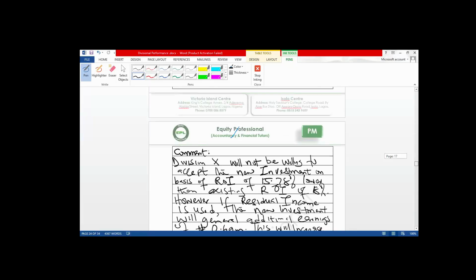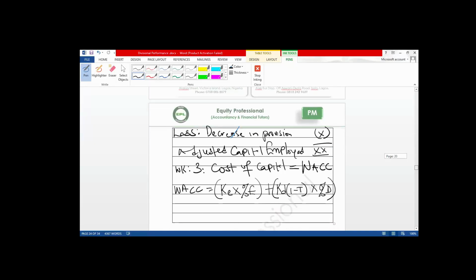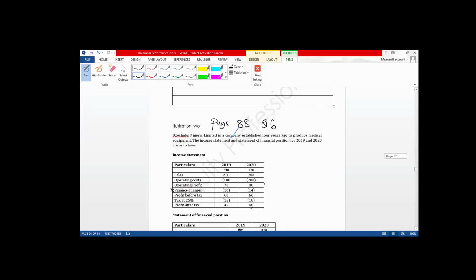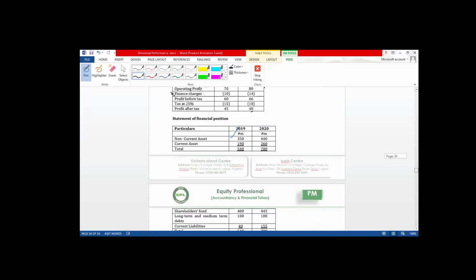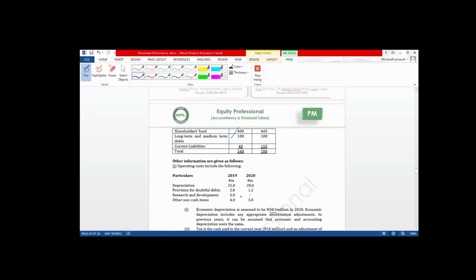I've gone too fast. Look at 2020. Provision for doubtful debt, 1.2 million. Operating cost, that is in the income statement.